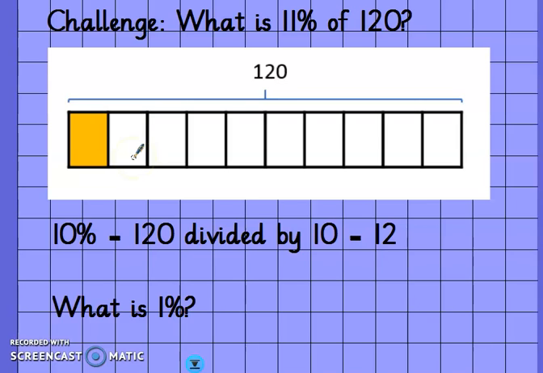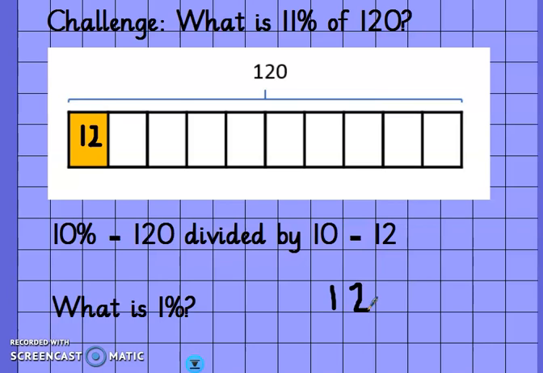What if you had a more challenging question and it said, what is 11% of 120? So it's a bit harder this time. So remember, first of all, let's find out what 10% would be. 10% of 120 means 120 divided by 10, which would give us 12. So we've worked out 10%, that's 12. But how can we work out 1%?